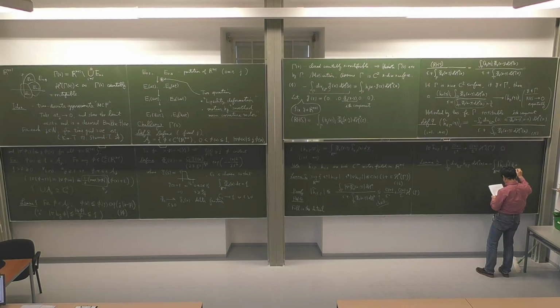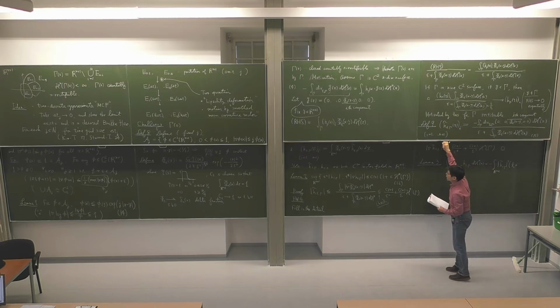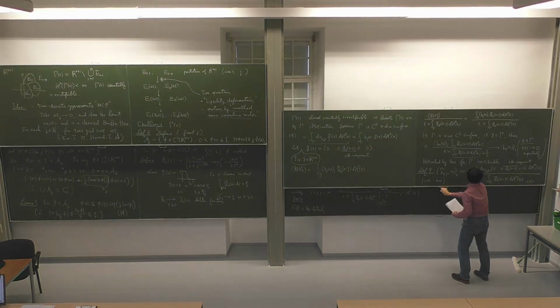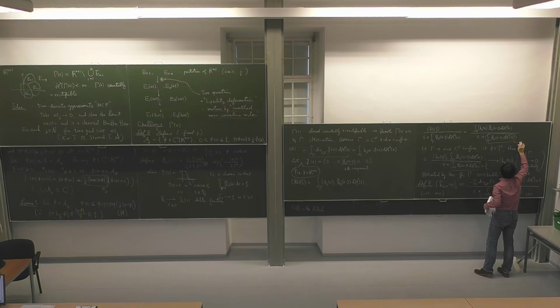Let me explain this. I forgot to say that I want to use a notation, because every time I don't want to write this. Since this is like a convolution, let me write this as the convolution of H^n restricted to gamma. So I write like this. This is a function, actually.